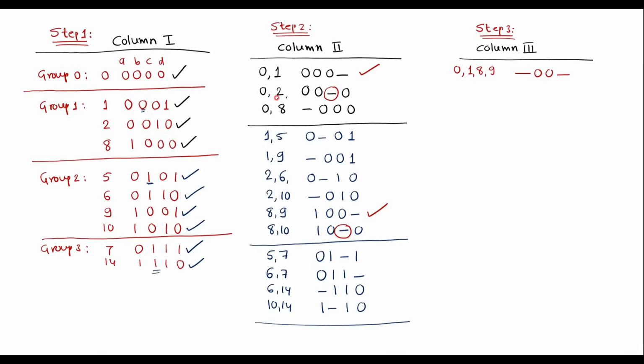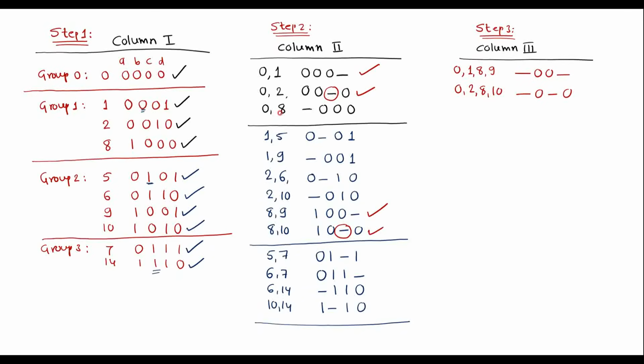Now let me represent 0, 2, 8, 10 in the next column. It differs in the MSB bit, that is dash. The next number is written as it is, 0. Next there is a dash and the next number is 0, that is dash 0 dash 0. So there is no more comparison with 0, 2.